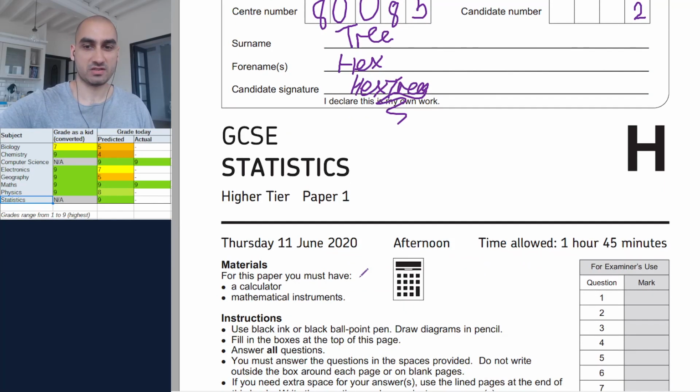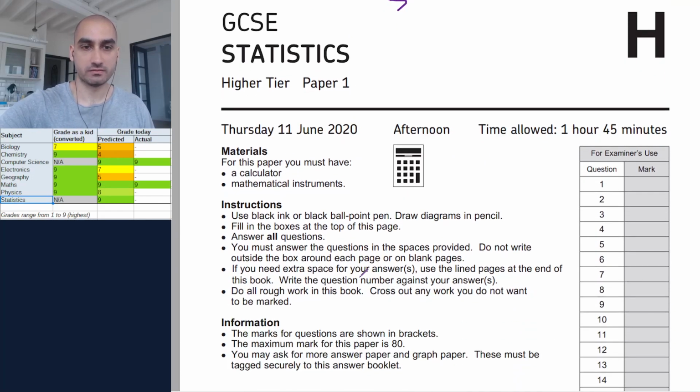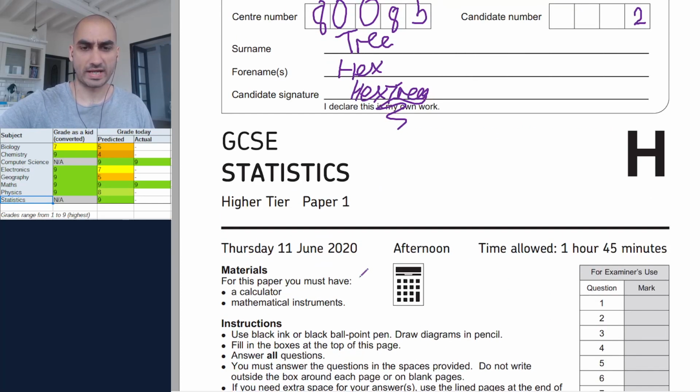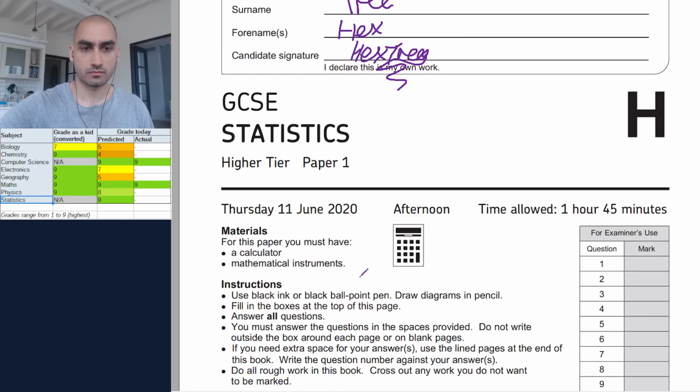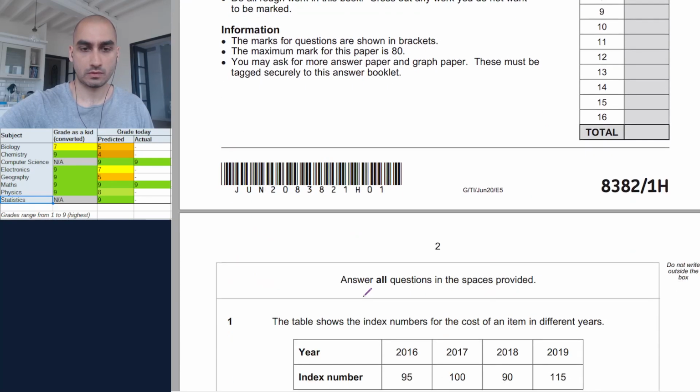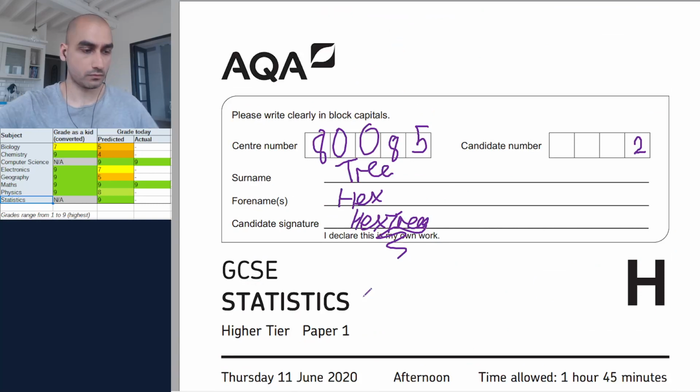One hour 45 is an awkward amount, but fine. I'll probably finish earlier. Oh, calculator. All right, I'll open Google just in case I will need a calculator.